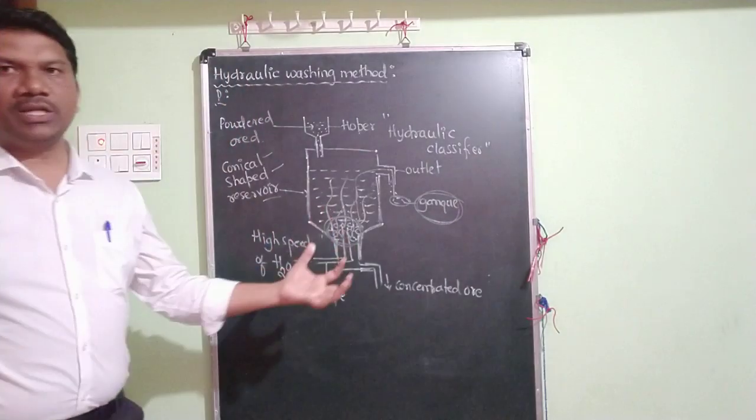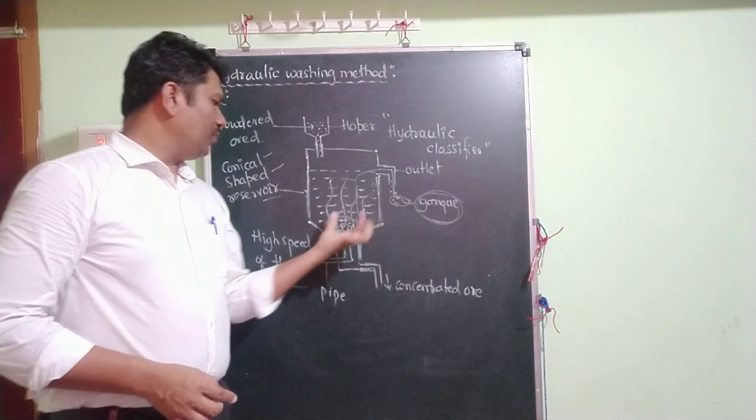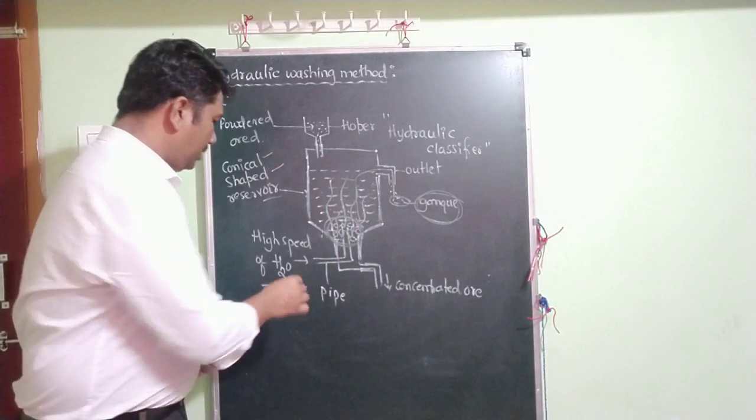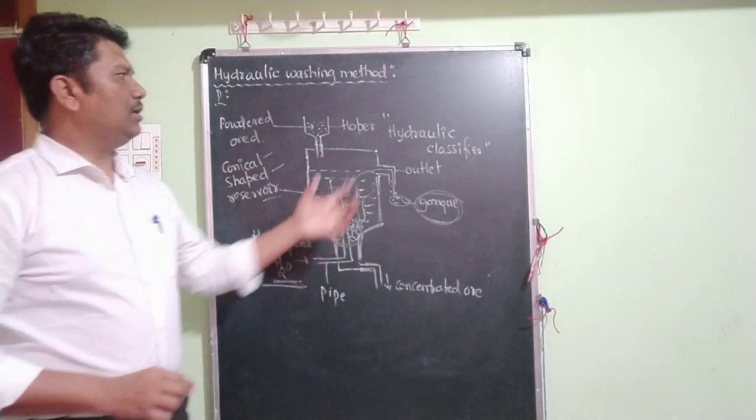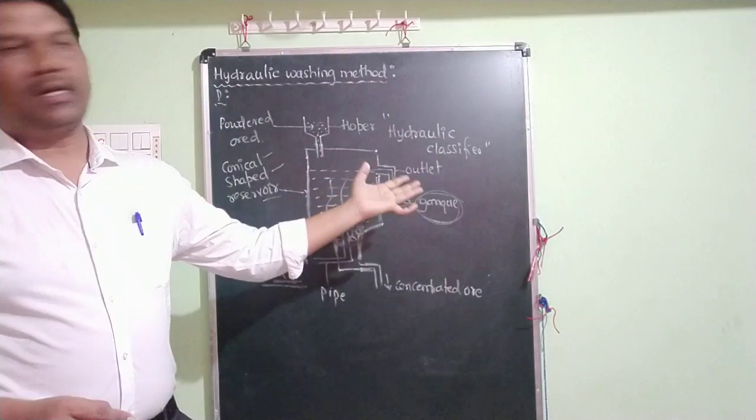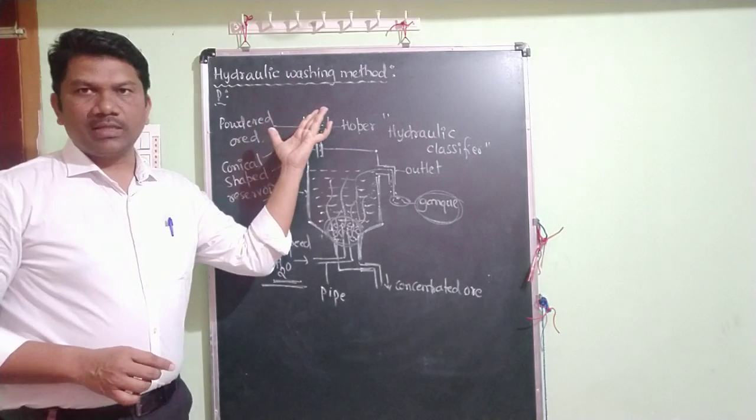This is the separation of the ganj particles and the metallic particles by using water. Therefore it is called the hydraulic classifier, or you can call it the hydraulic washing method.